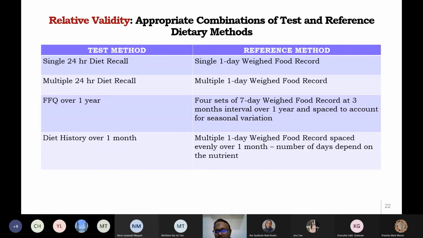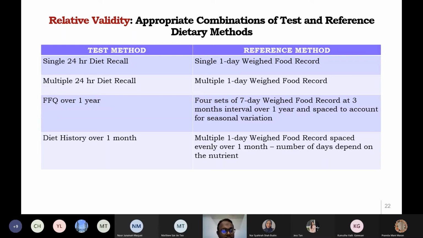Normally the reference method will be the more accurate method in measuring food intake. We know that weighed food record is somewhat the gold standard in measuring food intake because there are no errors in estimating food or portion size because the weights are already measured for you.